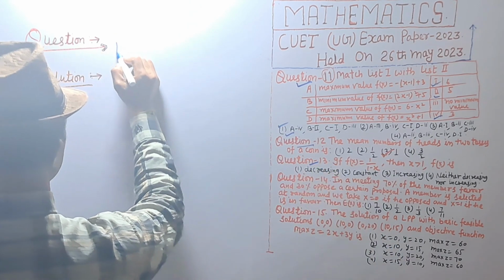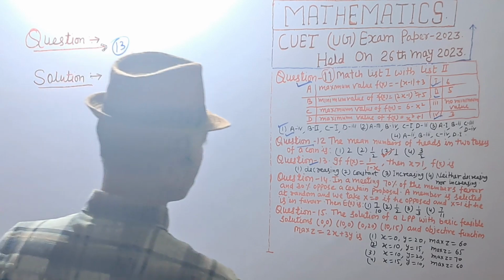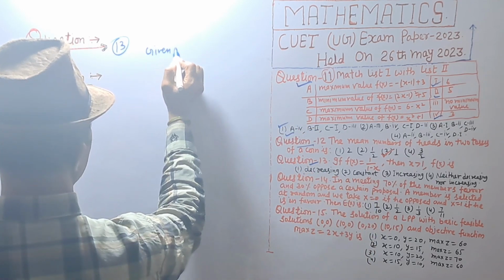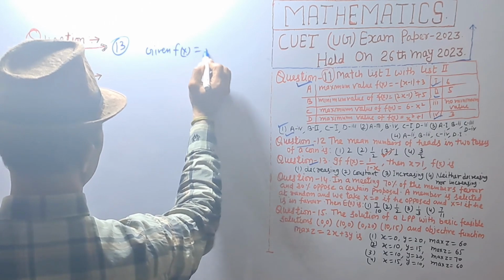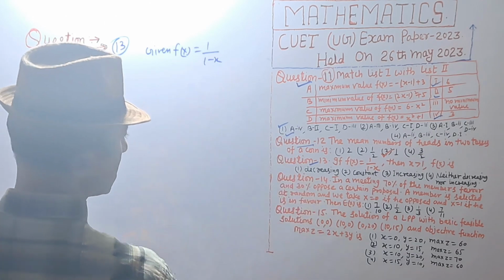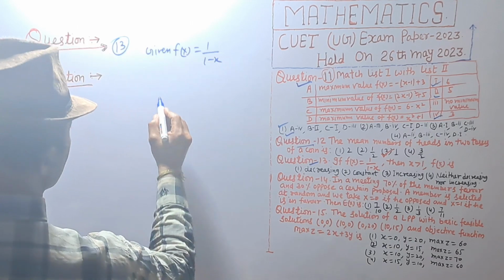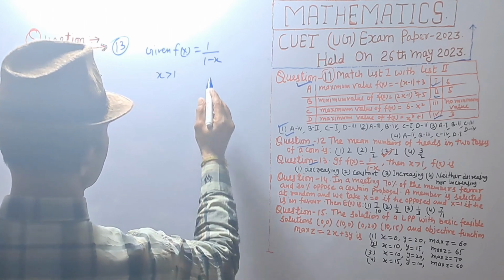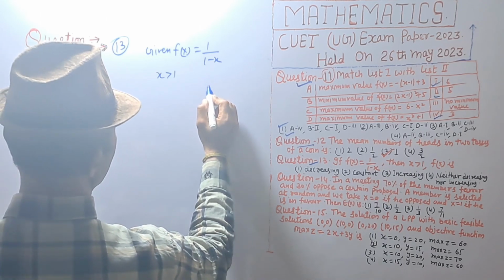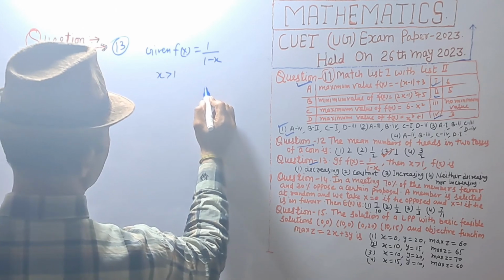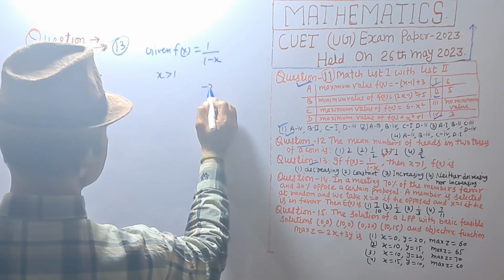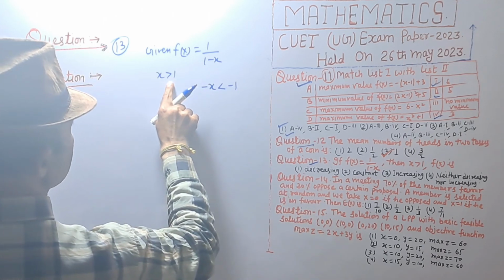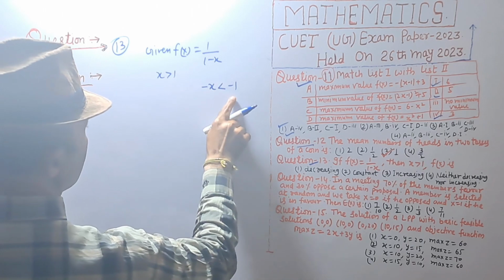Question number 13. Given f(x) = 1/(1 - x), where x is greater than 1, minus x is less than minus 1, we are multiplying by a negative sign, so the inequality will be less than.